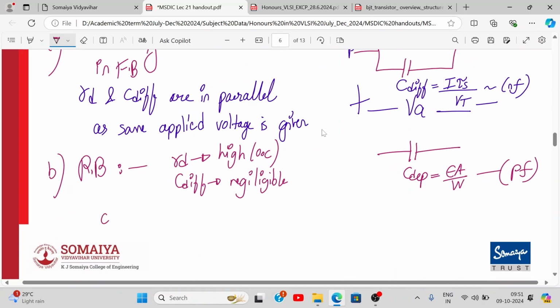Now, the next point is, you have written this much. Why is it not present in the forward bias? Because in forward bias, C depletion is negligible. Now, have you heard of RC delay? RC delay, time constant. So this RC delay is nothing but the storage time, the charge storage time.